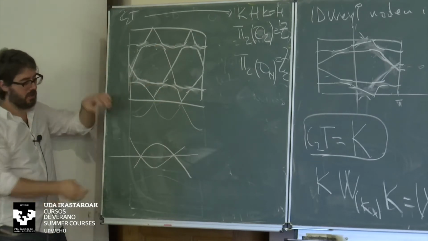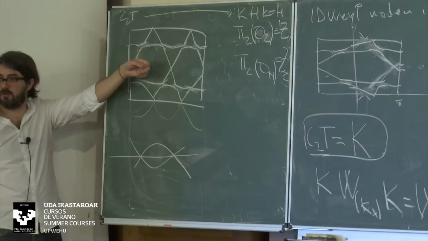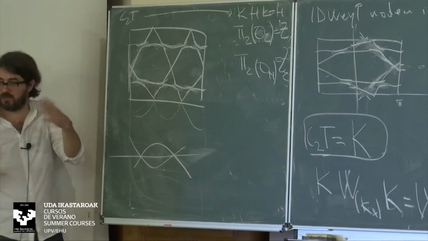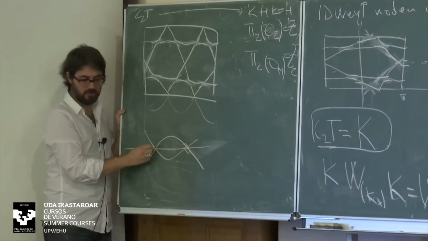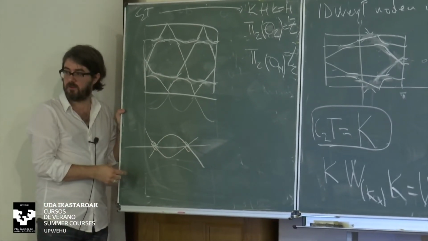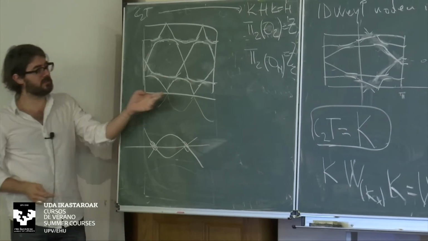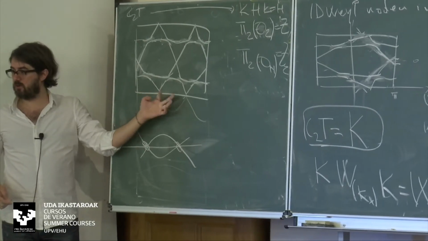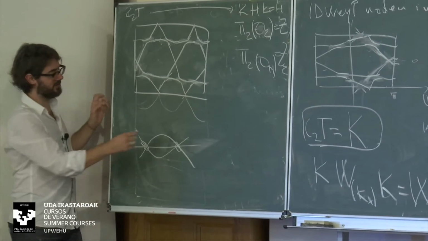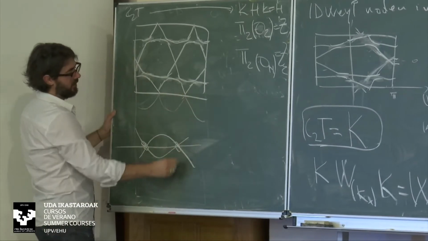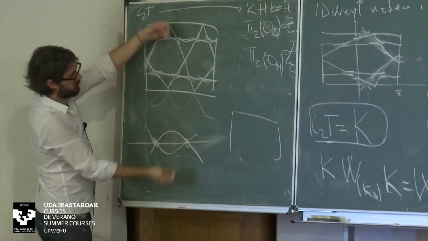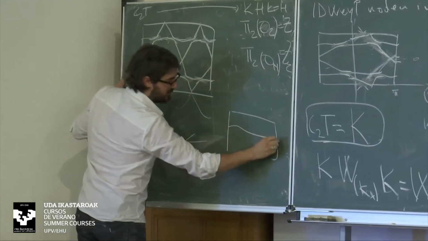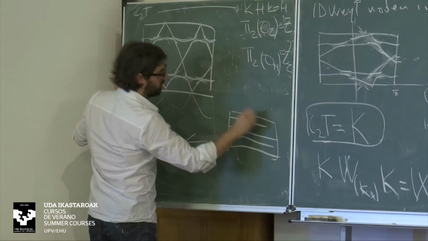And I can just pull these bands apart some more, and I can kill this vial with this vial. So this guy can have no crossing on this axis. Once I pull these apart, they will look like this. I can pull these apart like this, and I can make this system look like this.